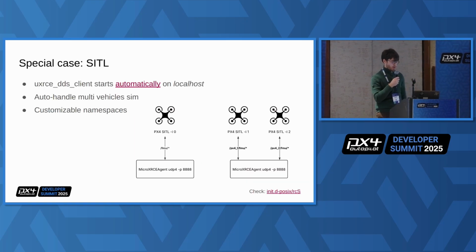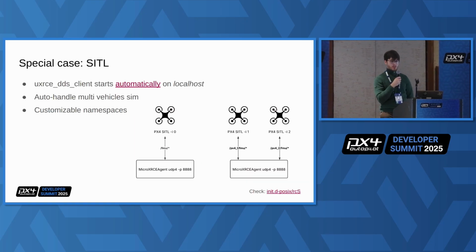Okay. Special mention is SITL. In SITL, the client starts automatically on localhost and automatically handles multi-vehicle simulation. So most of the time, you have to do absolutely nothing but start the agent on port 8888. You can customize the namespace, and it nicely handles multi-vehicle simulation.